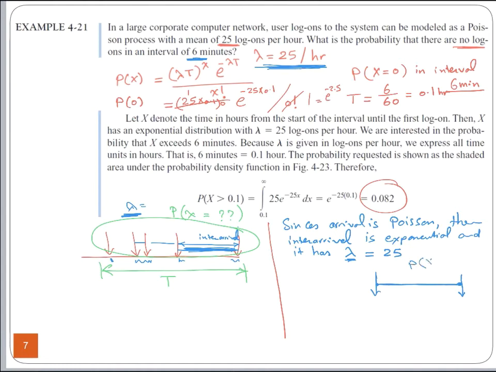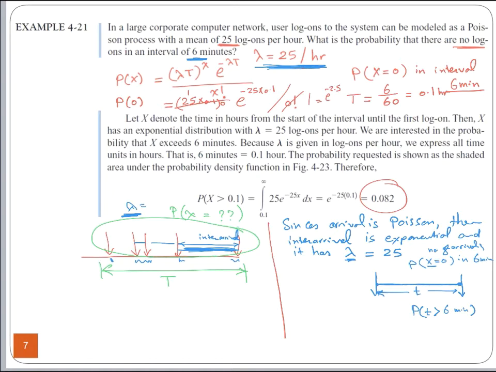The probability that x is equal to 0 in 6 minutes, where x here is the number of arrivals and follows a Poisson distribution, is equivalent to the probability that the time t is greater than 6 minutes. Because if the time between one arrival and the next is greater than 6 minutes, this is equivalent to a 6 minute duration passing without any arrival. Any arrival will happen after that 6 minutes.